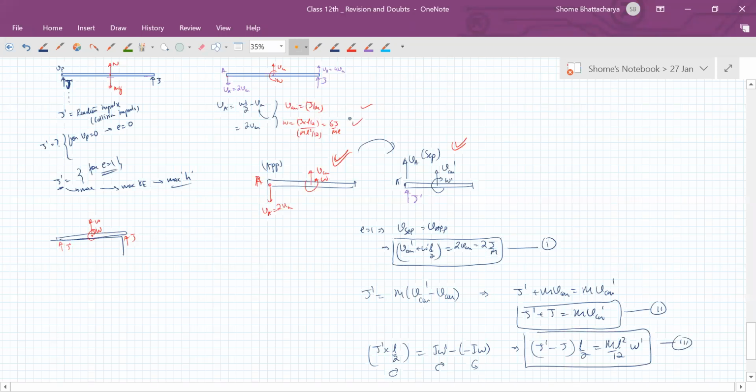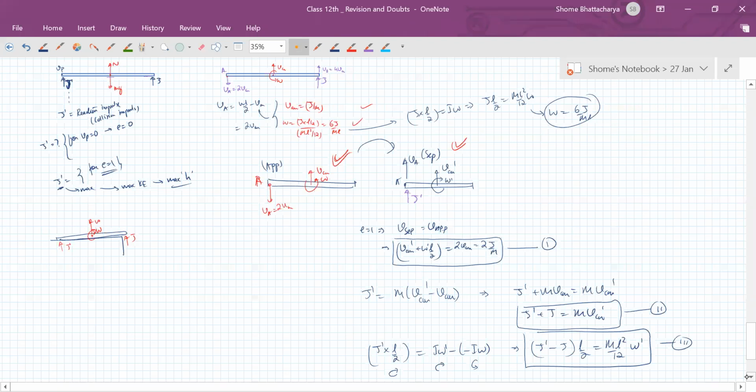When you compare with this original equation, from where we had got this value, that omega is 6 J by ml, from where we got this. Okay, you'll get this.